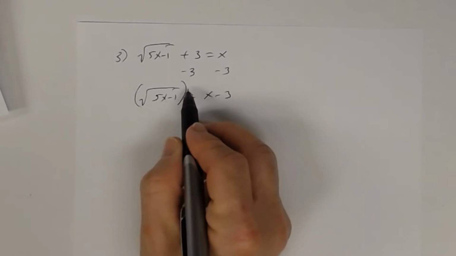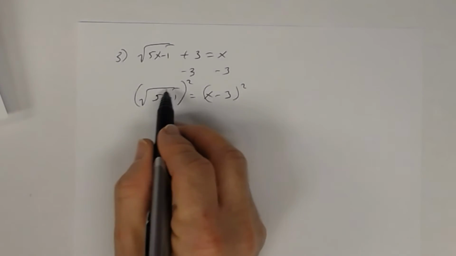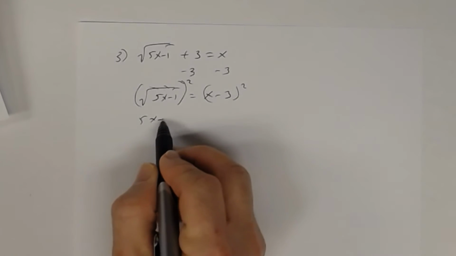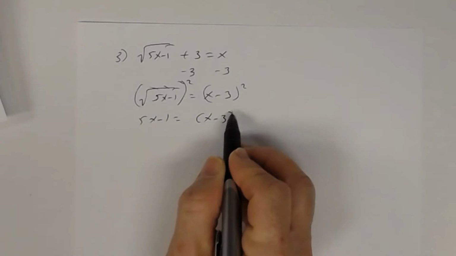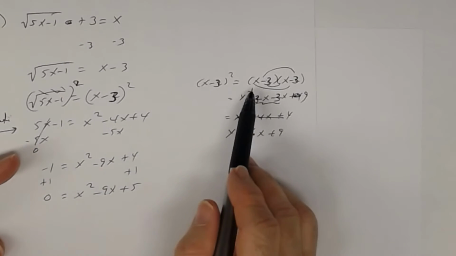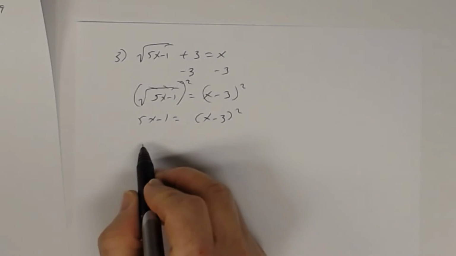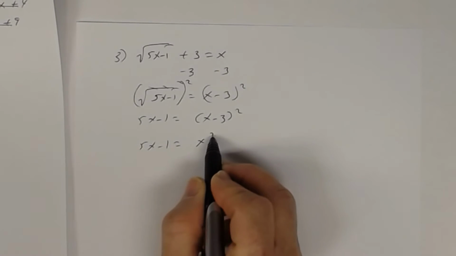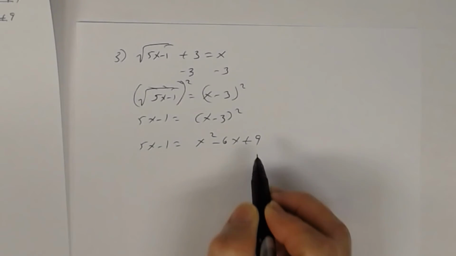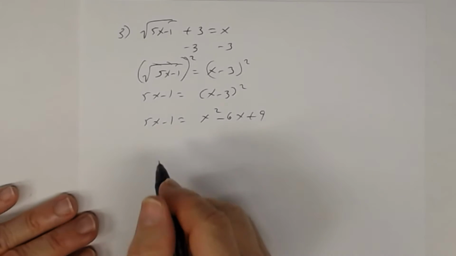Then you square both sides, right? And so the square and the square root undo each other, so you get 5x minus 1 equal x minus 3 squared. Now remember, when we squared that x minus 3, we ended up with this trinomial. So that's going to be 5x minus 1 equal x squared minus 6x plus 9. Okay? All right, now it should work this time.